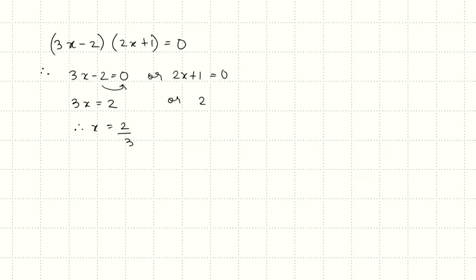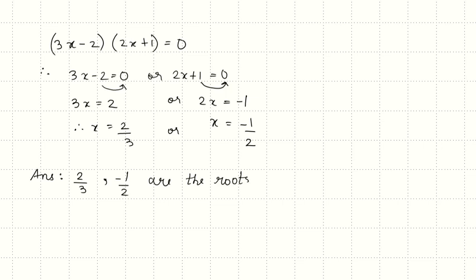Also, 2x is equal to minus 1. This one will come on the right hand side. It will change the sign. Therefore, x is equal to minus 1 upon 2. So, the answer is 2 upon 3, comma, minus 1 upon 2 are the roots of given quadratic equation.